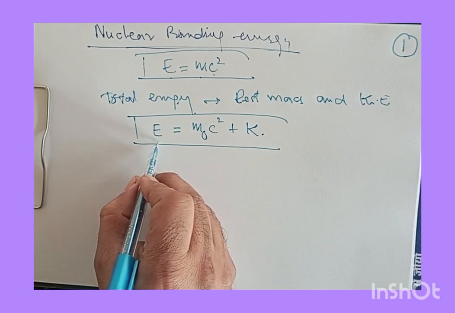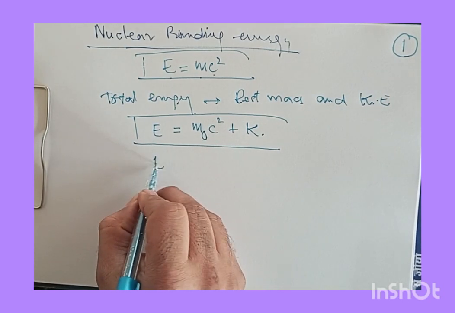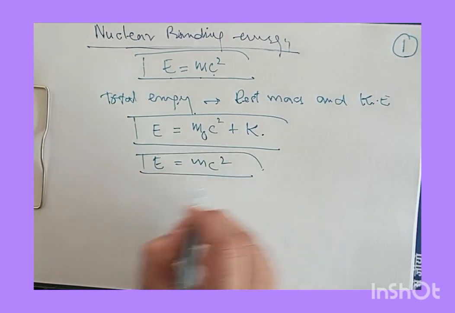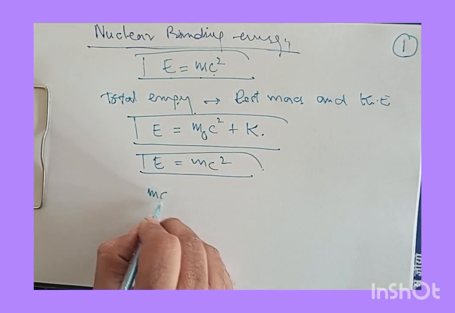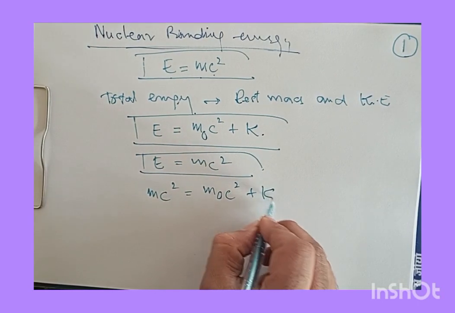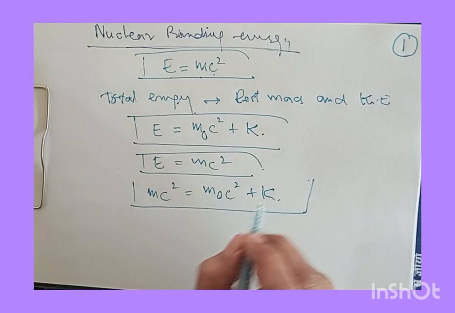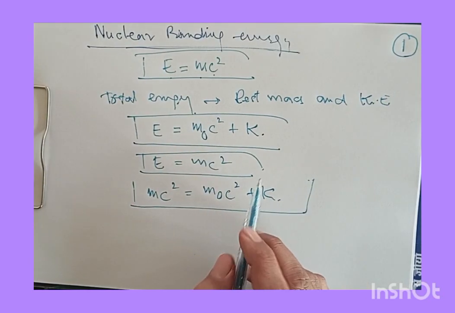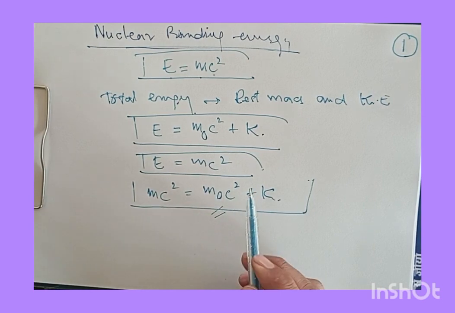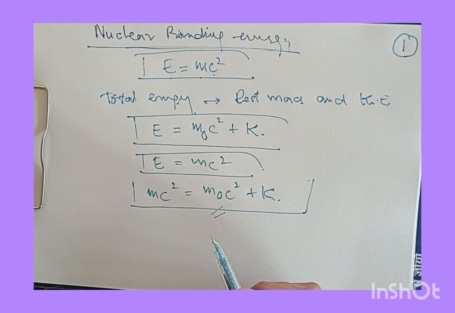Now for this E, I have mc squared. So I can immediately write mc squared equals m naught c squared plus K. And this equation basically tells us that this rest mass energy can be converted into other forms of energy.